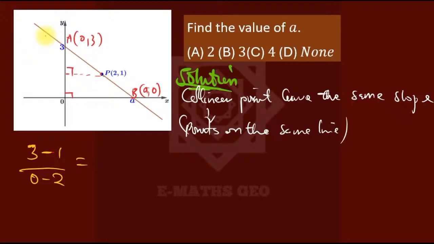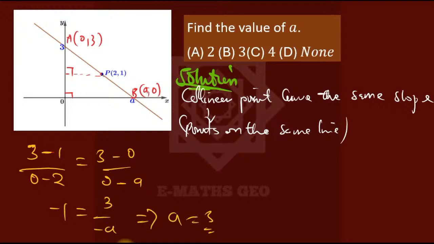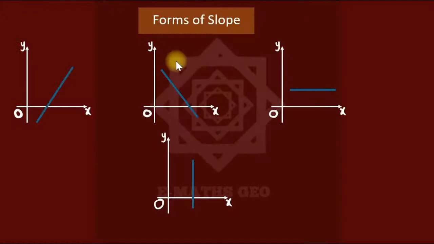Choosing another two points, I will choose A and P, so the same thing: 3 minus 0 over 0 minus a. With that we can get our a. This 3 minus 1, which is 2, over minus 2 is minus 1, while this 3 over minus a, therefore a is 3. So that should be option B. That's using the knowledge of collinear points: they have the same slope. That's what the question does.